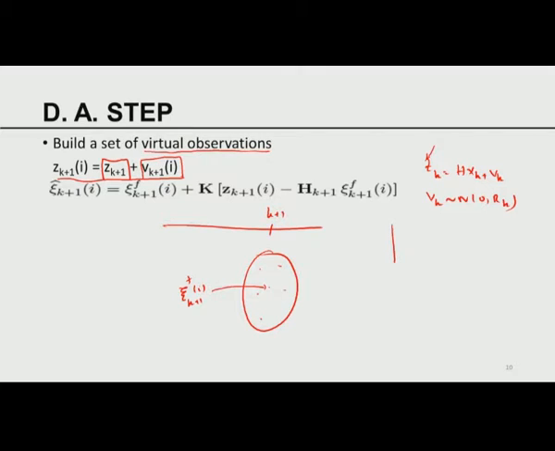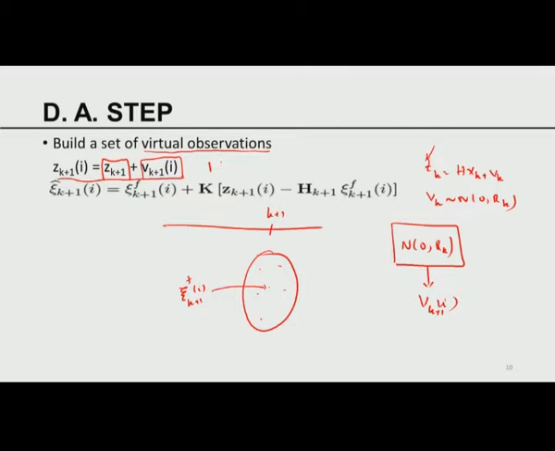So what are we trying to do? We are trying to generate another random number from N(0, R_k). I am going to create a noise vector v_{k+1}^i. So I have z_{k+1} and I add v_{k+1}^i to get the ith member of the virtual observation z_{k+1}^i.